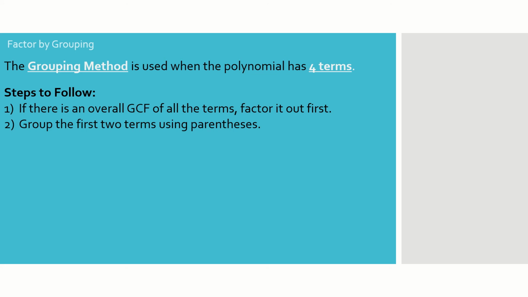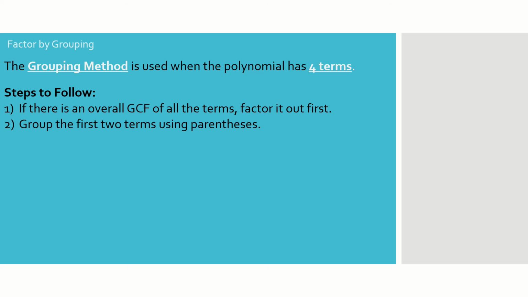So when you're looking at a polynomial that has 4 terms, if you factor the GCF out first, then in the parentheses, you should still have 4 terms. And then you can use this process to keep factoring. Or if there is no GCF to factor out of all 4 of them, then just look at the 4 terms that you have. The first thing we're going to do is group the first 2 terms using parentheses.